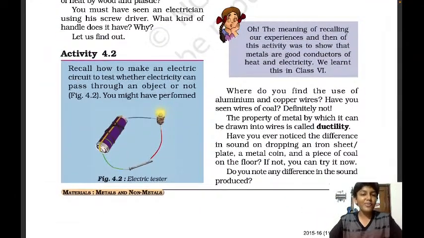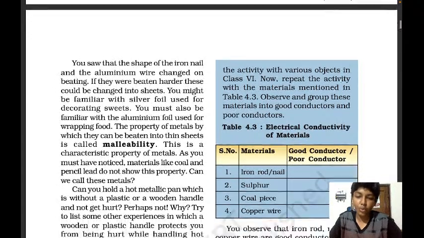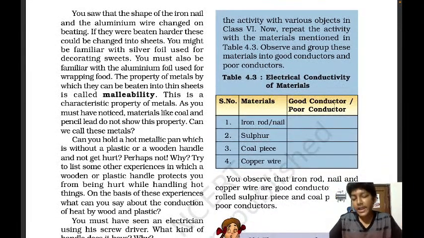Recall how to make an electric circuit to test whether electricity can pass through an object or not. You might have performed the activity with various objects in class 6. Now repeat the activity with the materials mentioned in table 4.3. Observe and group these materials into good conductors and poor conductors. So the iron rod or nail is a good conductor of electricity.